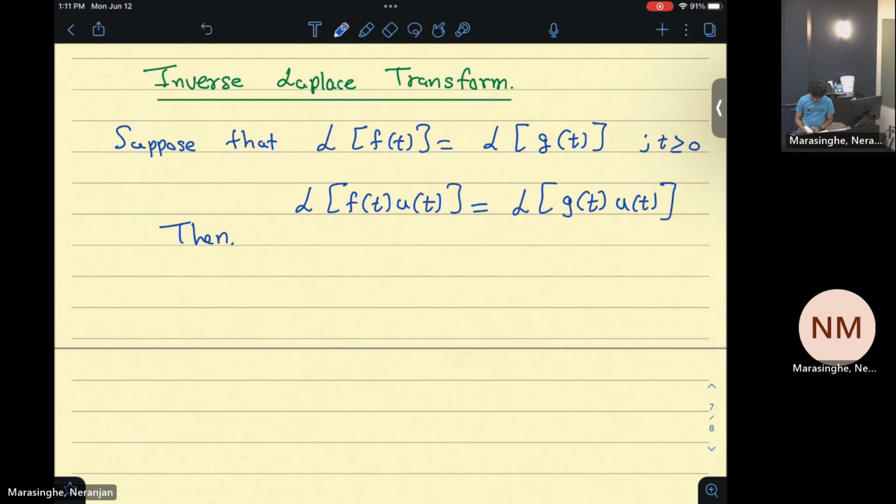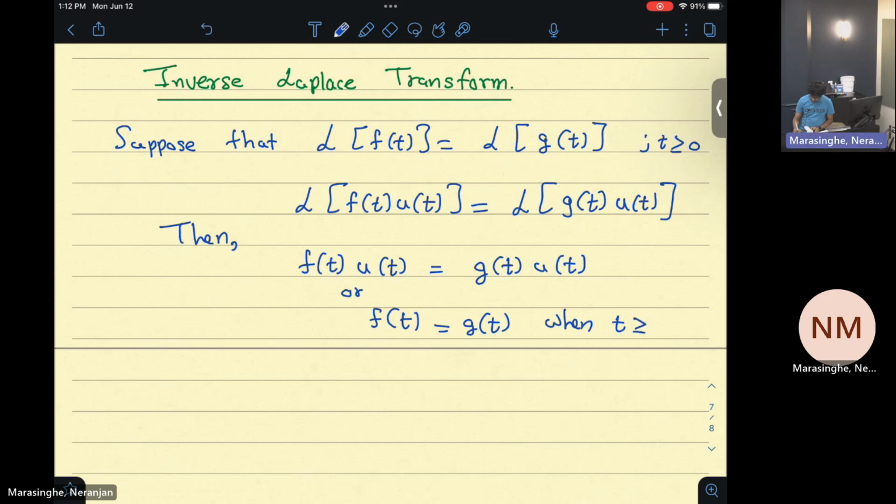Then f(t)u(t) is equal to g(t)u(t), or f(t) equals g(t) when t is positive. Okay, same idea, right? f(t)u(t) means we are considering f(t) when t is positive.